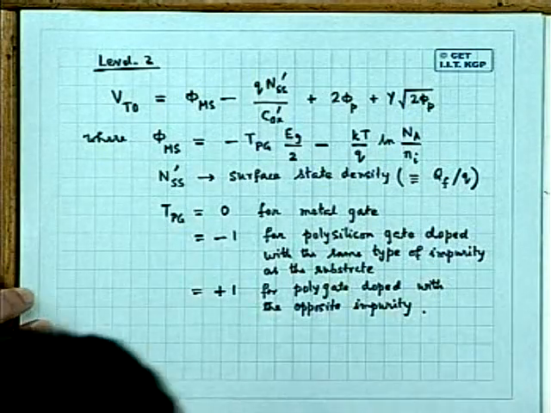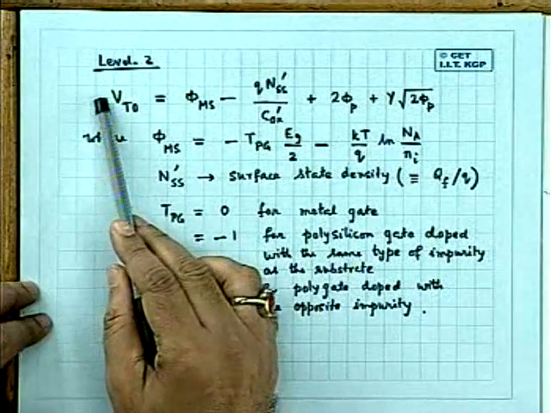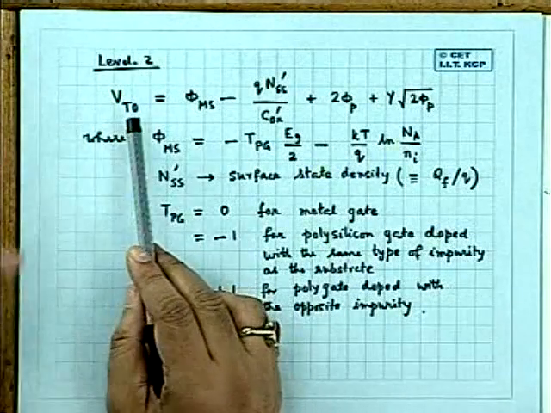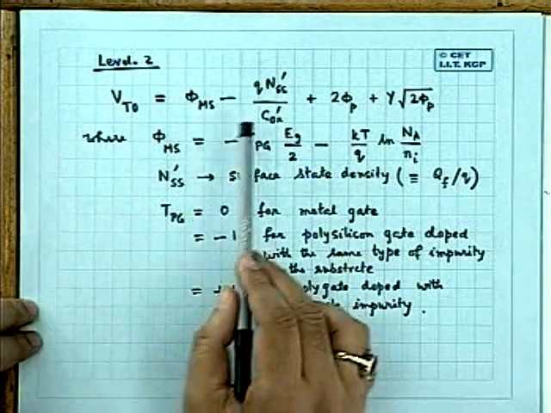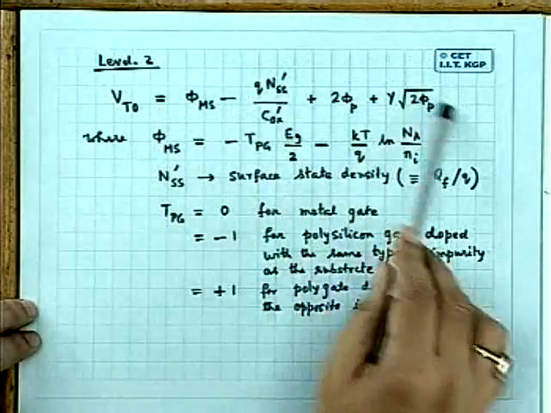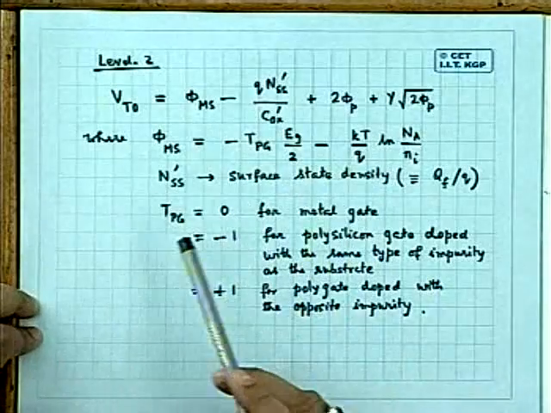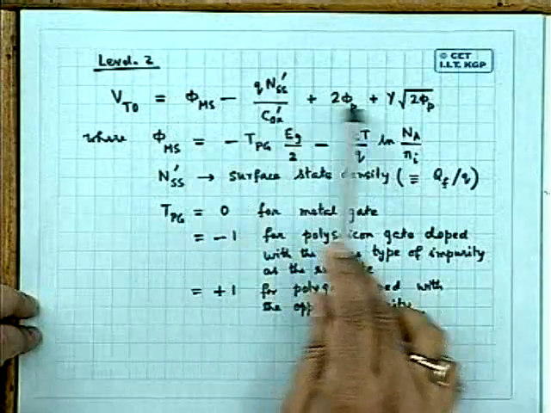So you see that here VTO has actually been physically modeled. Instead of giving the value of VTO, which was the case earlier, you can now calculate VTO using a more physical model where phi ms has been written like this.